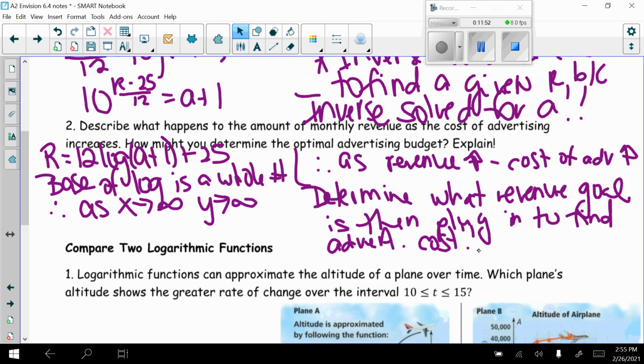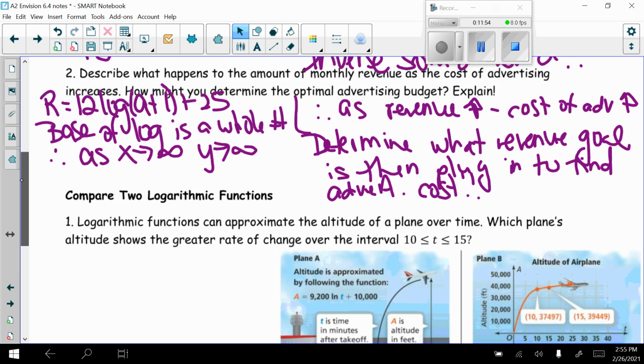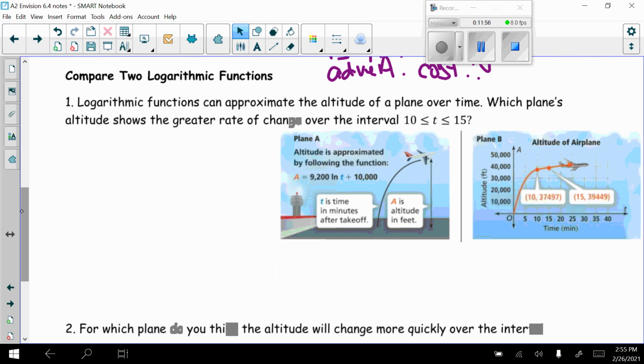Last thing we want to look at, we're going to compare two logarithmic functions. Number one, it says logarithmic functions can approximate the altitude of a plane over time. Which plane's altitude shows the greater rate of change over the interval t between 10 and 15? Rate of change, remember, that's the same thing as saying slope, our average rate of change.